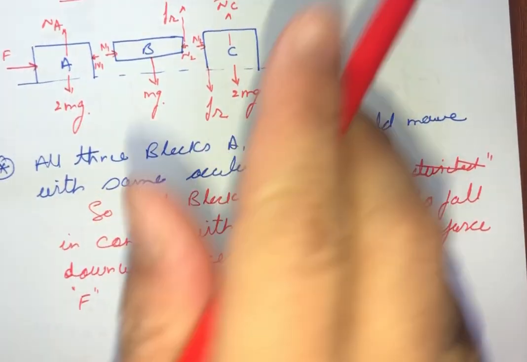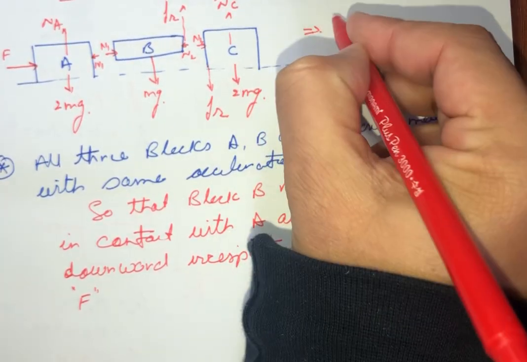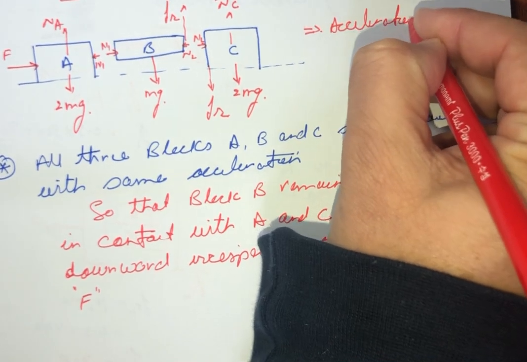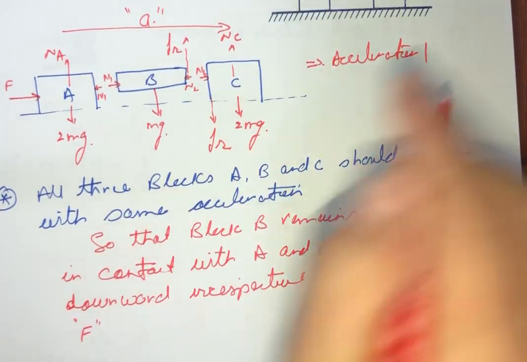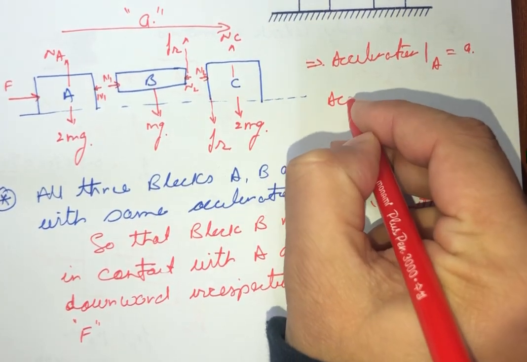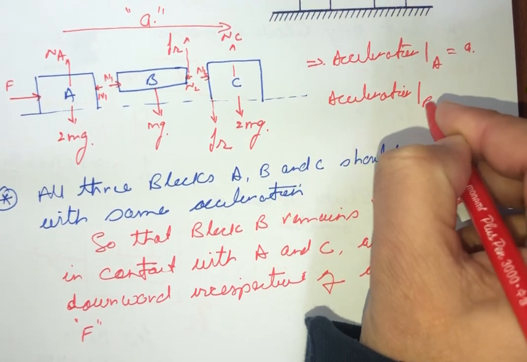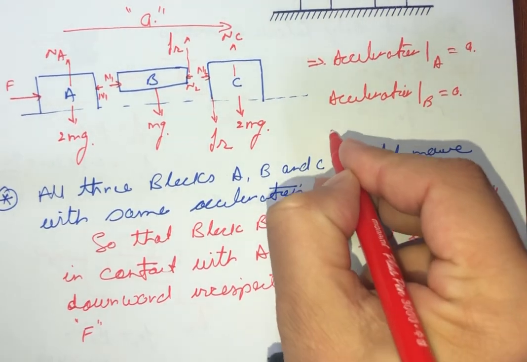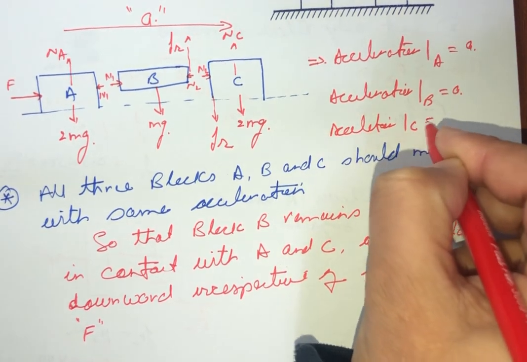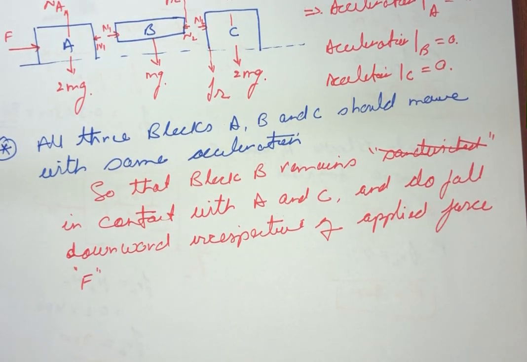So from here we can say that the acceleration of A is a, the acceleration of B is also a, and the acceleration of C is also a. So they are traveling with the same acceleration.